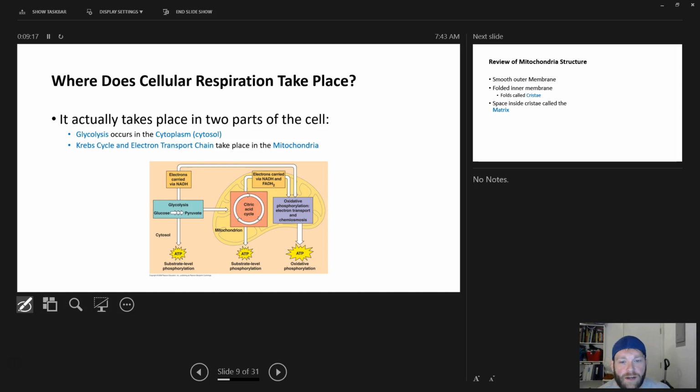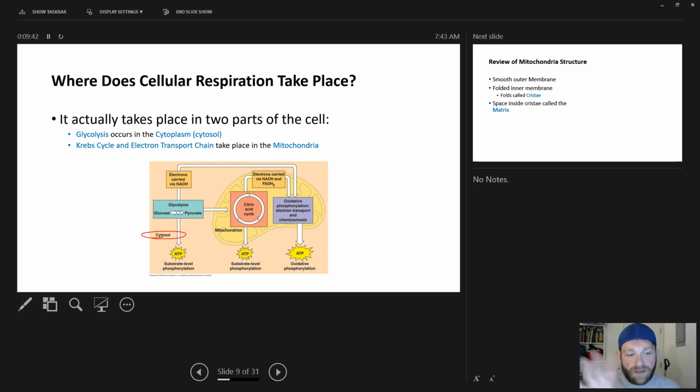I really like this diagram because it highlights where you're going to find all of these different reactions that are occurring. If we're talking about cellular respiration, it actually takes place in two parts of the cell. The first part happens in the cytosol. Cytosol is just another term for the cytoplasm.